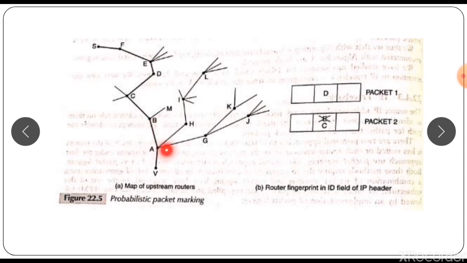First A will query its neighbor routers, in this case B, H and G. One of the routers, let it be B, will respond positively. Then B will query its neighbors, that is C and M. One of them responds positively, then contacts its neighbors and so on until the source of the packet is traced. The problem here is that the storage requirement at each router implemented in this scheme would be prohibitive.